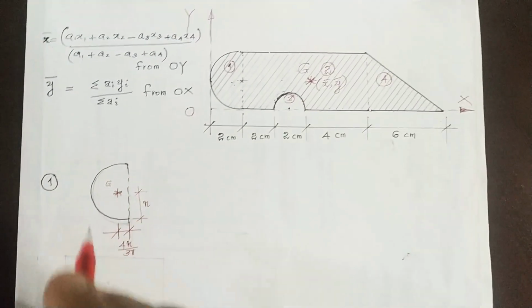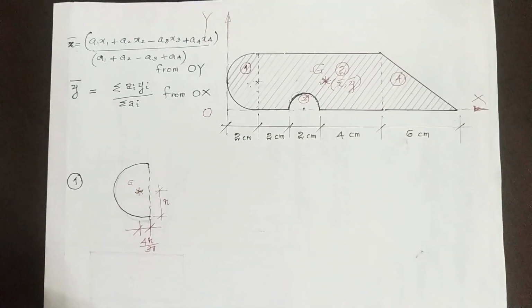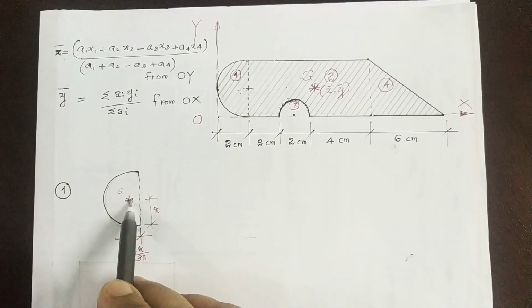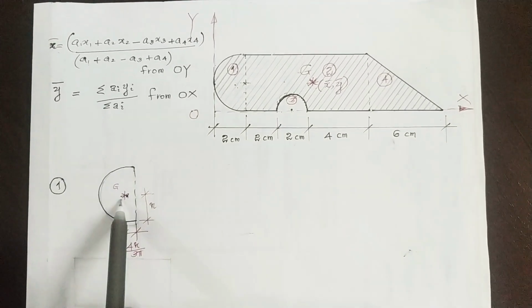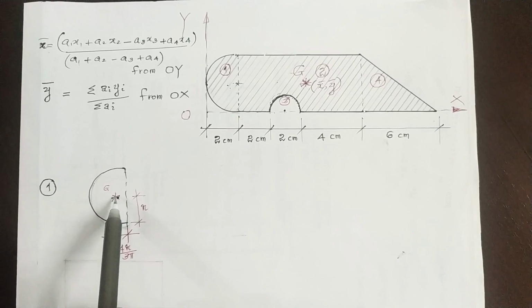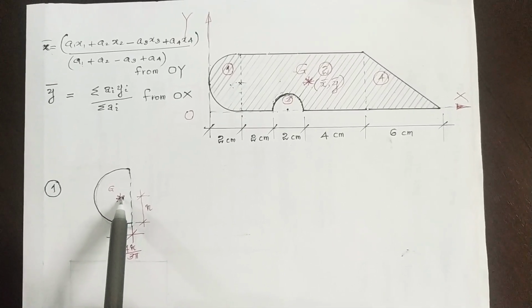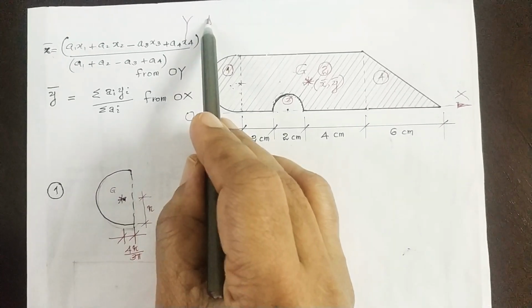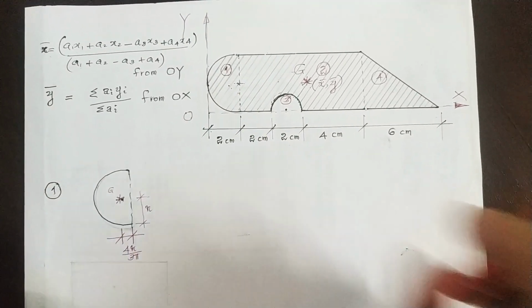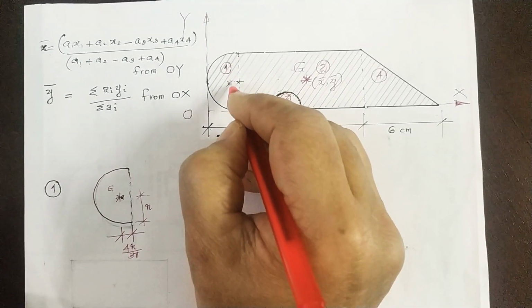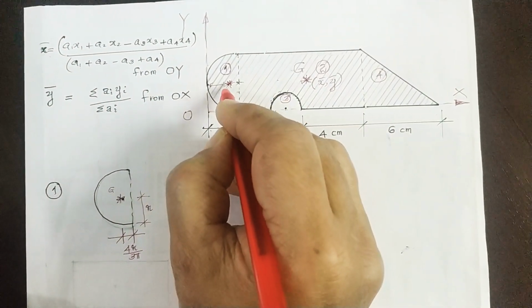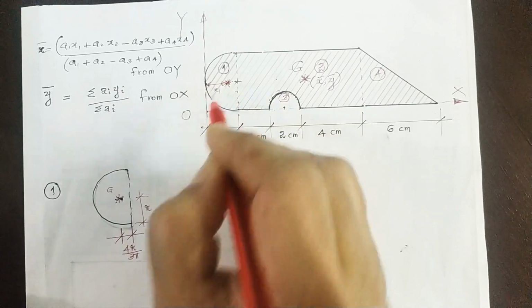This is the centroid of a semicircle. So this being the centroid of the semicircle, what we need to find is the centroidal distance of the semicircle from our reference axis. This is our reference axis, and you need to find the centroidal distance of the semicircle from this axis. So this is the x1 we are talking about, x1.